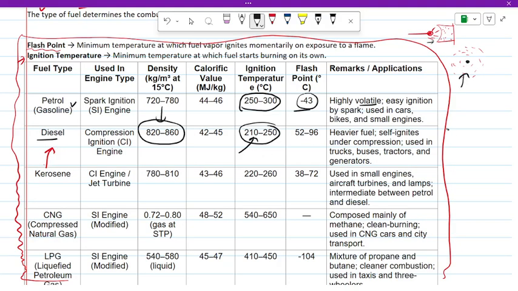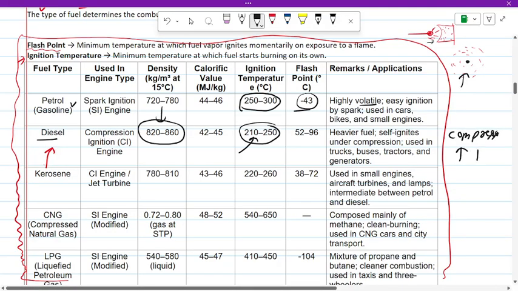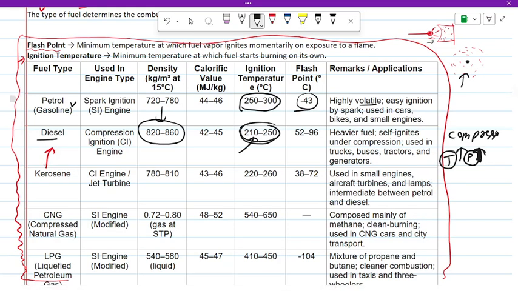Compression increases the temperature and pressure also. The pressure has to be increased so that the temperature rises to between 210 and 250.